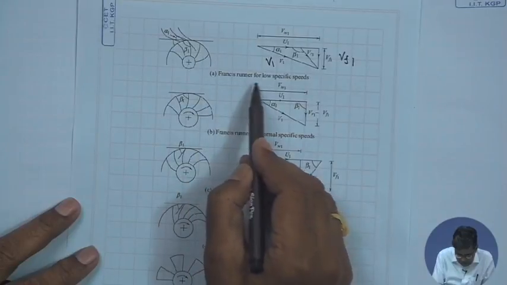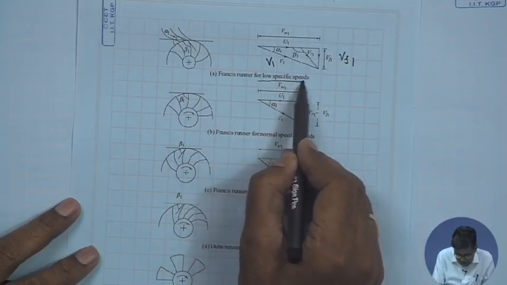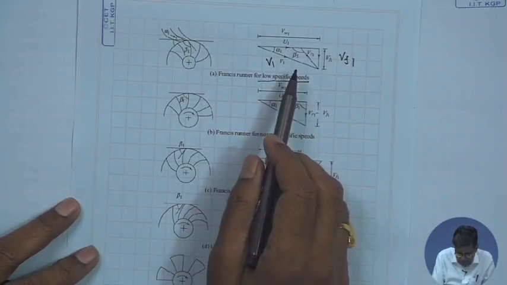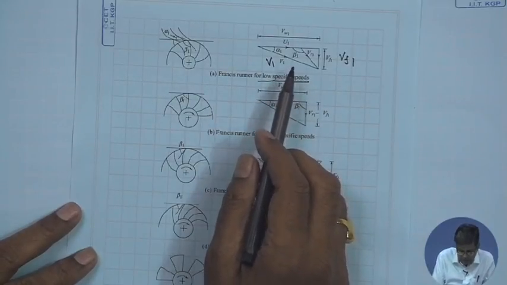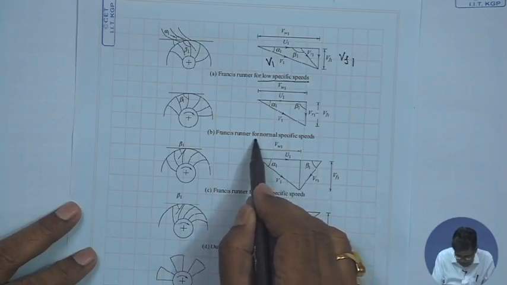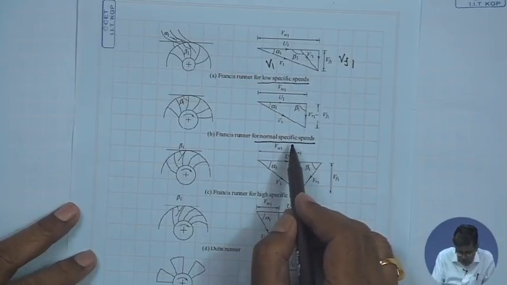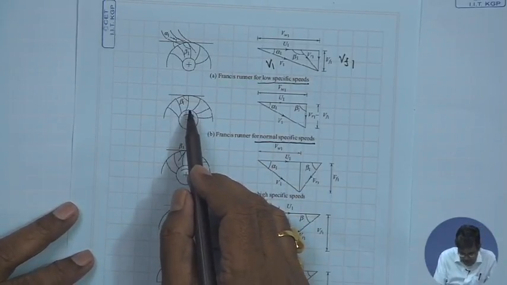This is a Francis runner for a low specific speed, which means the head is relatively higher. Now, when the specific speed increases from low to normal, there is an increase in specific speed, or a reduction in the head available.